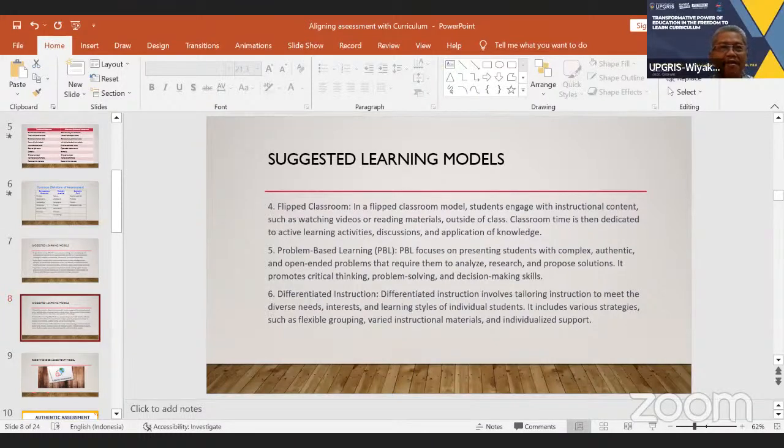That's why ideally we treat them differently. We give them materials differently. We give them tests differently. We assess them differently. The question is, can we do that in our big classroom with 30 students?